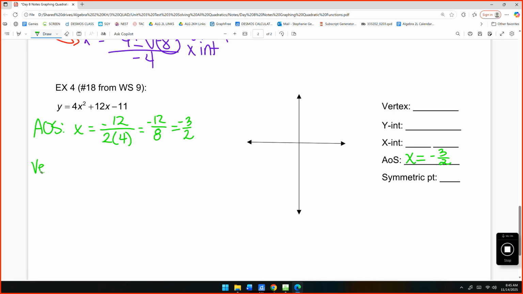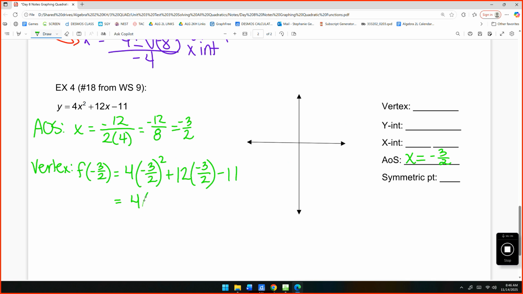And then we need our vertex. So we are going to plug negative 3 over 2 into the function. All right, so PEMDAS, I have to square that fraction first. So that'll be a positive 9 over 4.